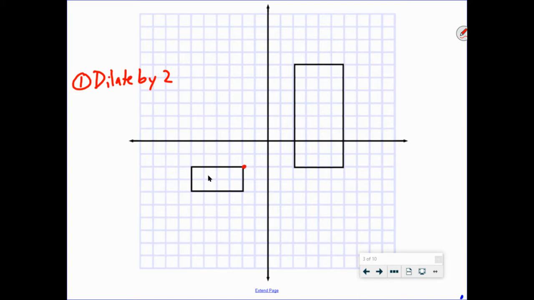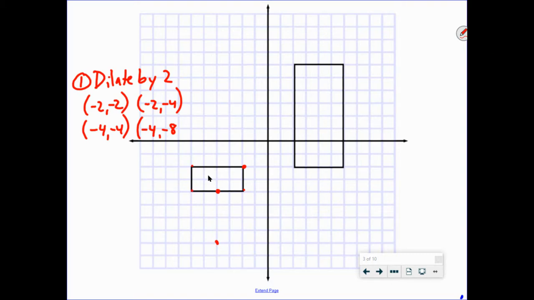Point (-2, -2) changes to point (-4, -4). So this point is going to end up down here. And then this point here is point (-2, -4). So (-2, -4) multiplied by 2 gives you (-4, -8). So (-4, -8) would be down here, okay?